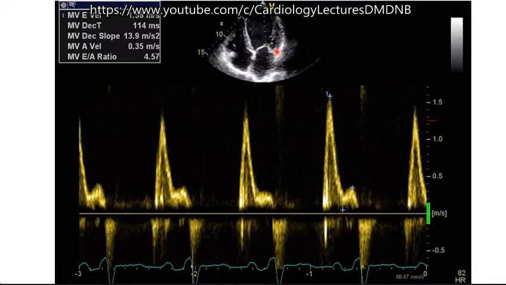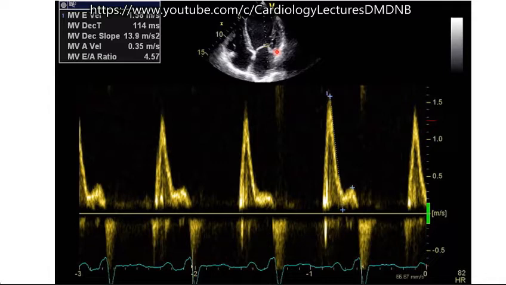When the blood flows into the LV, the diastolic pressure rises very rapidly, and it may almost equal the left atrial pressure, resulting in a very sharp deceleration time for the E wave. So it is because of the rapid rise in the LV diastolic pressure, which culminates in a very short deceleration time.